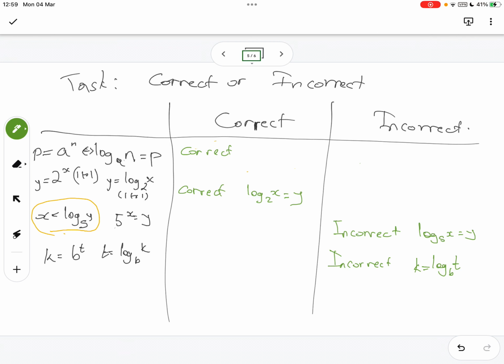Okay, that makes sense. I think we should check all of our answers there, just to be sure. So this is correct. Log n base a equals p.